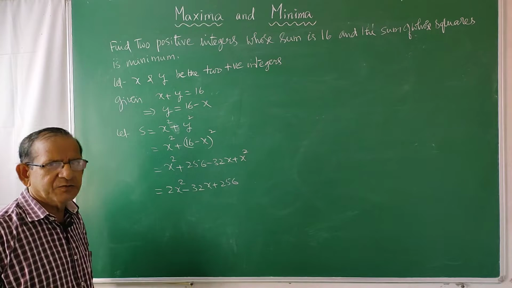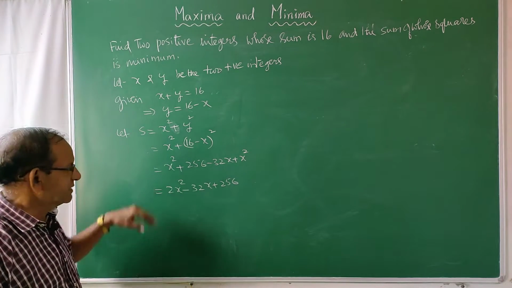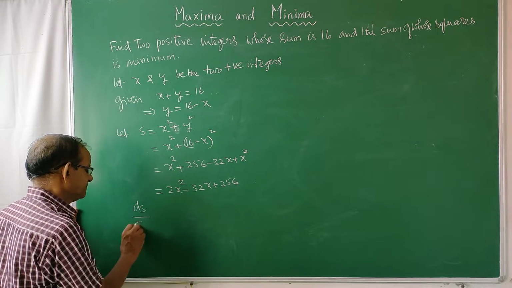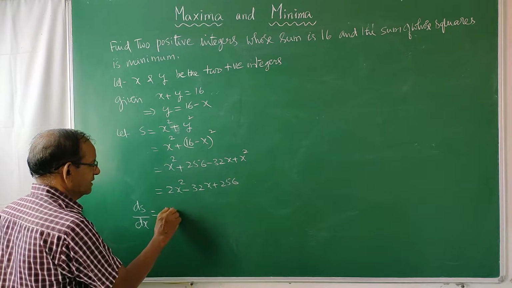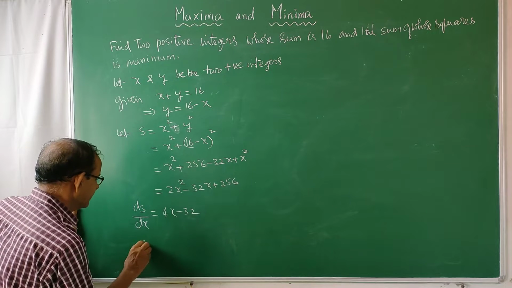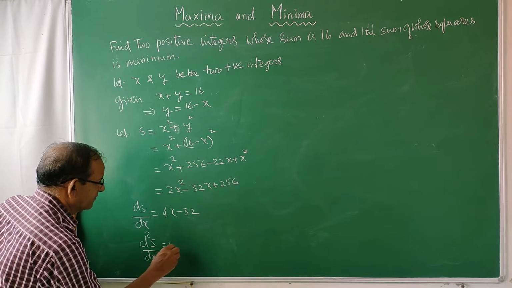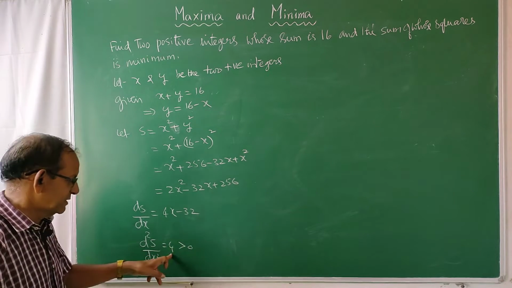Now at the relative maximum and minimum, the first derivative should be 0. So you take first derivative as well as second derivative. First ds by dx. Derivative of 2x square is 4x. 32x derivative is minus 32. And second derivative, d square s by dx square, that is 4 and 0, that is 4, that is greater than 0, positive.